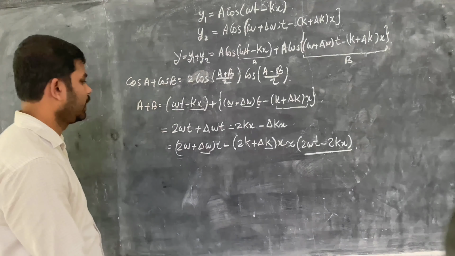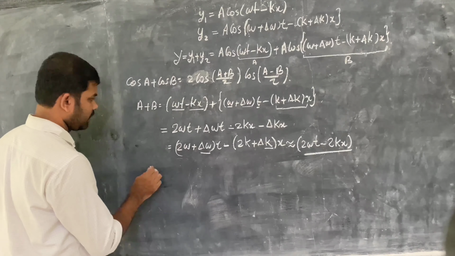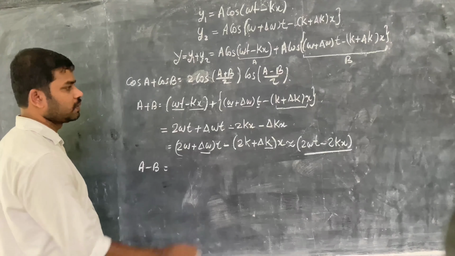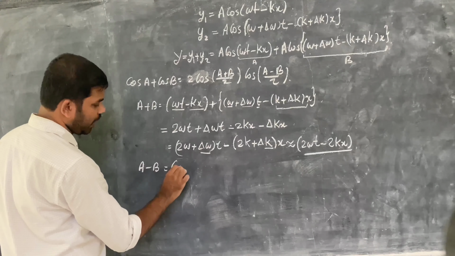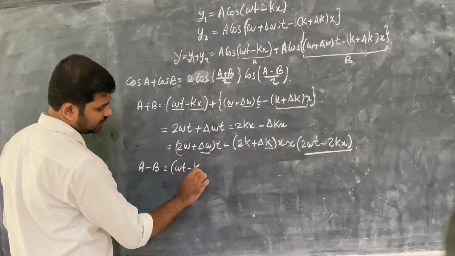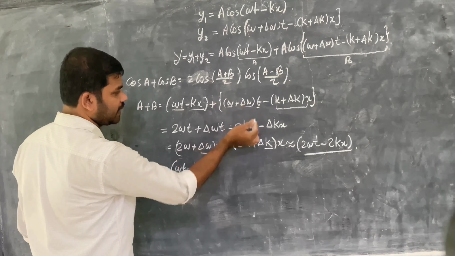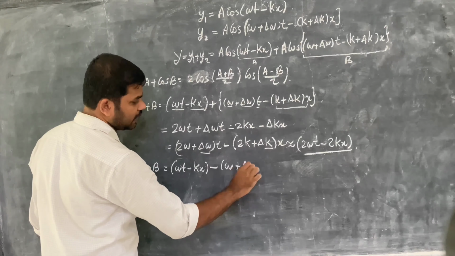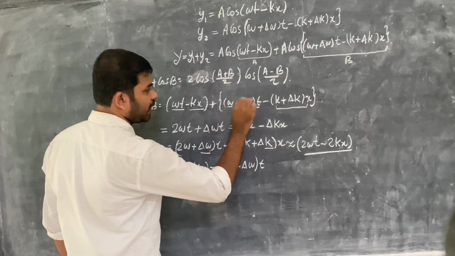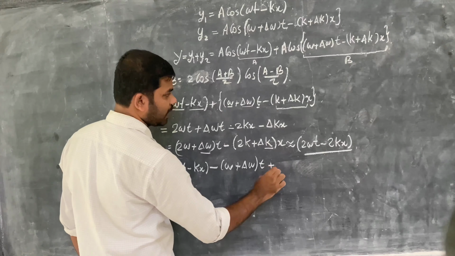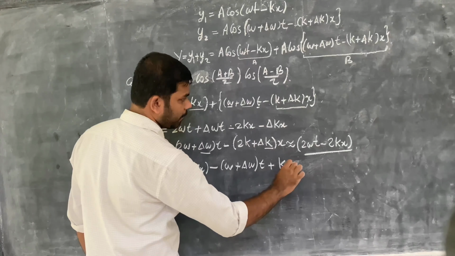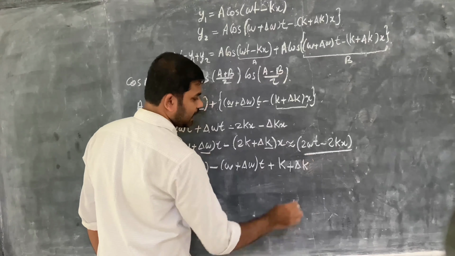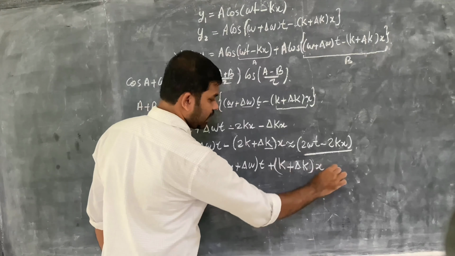That is for A plus B. Similarly, A minus B is equal to (ωt − kx) minus [(ω + Δω)t − (k + Δk)x].